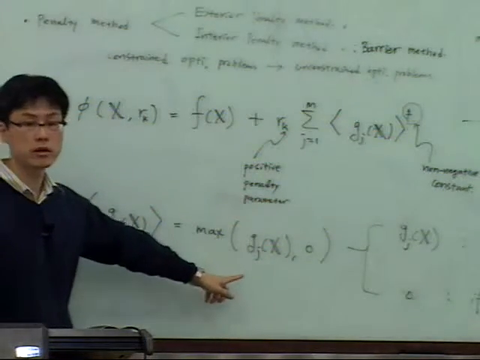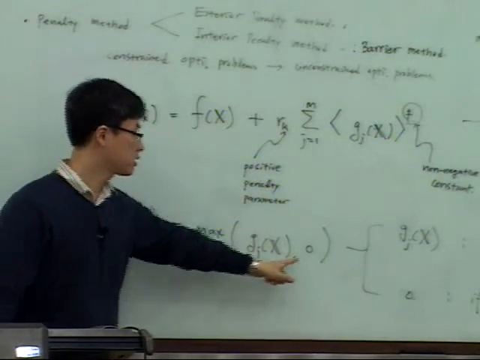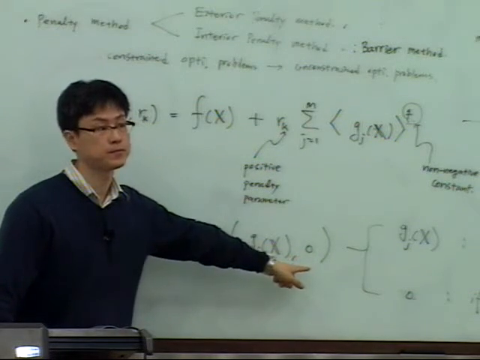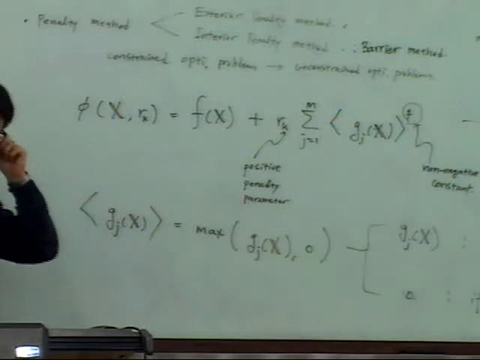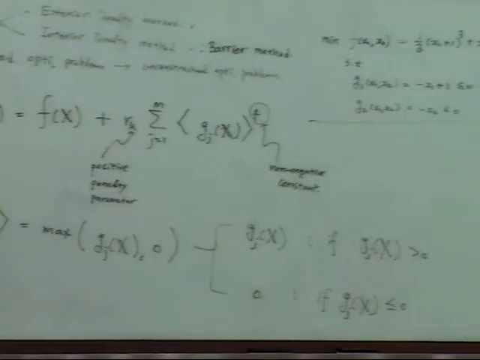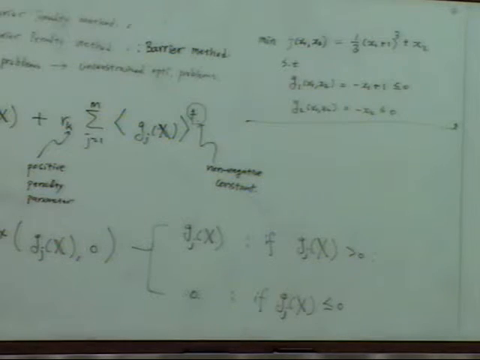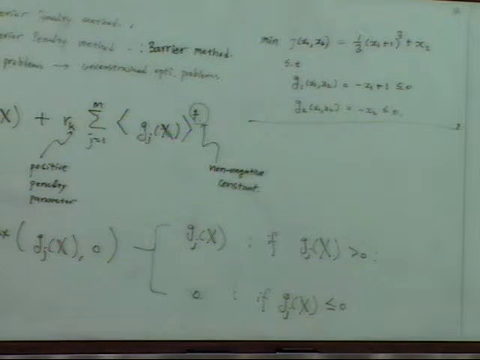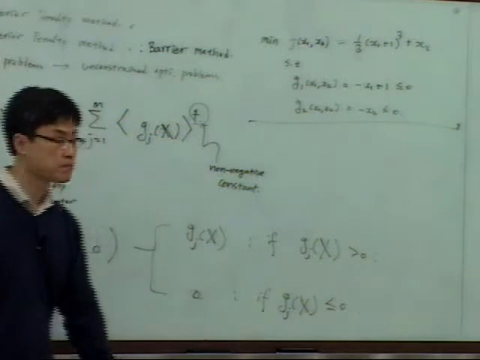So the max function just returns the largest among these two. Okay? And this is the function. Okay, let's look at this in terms of this problem.